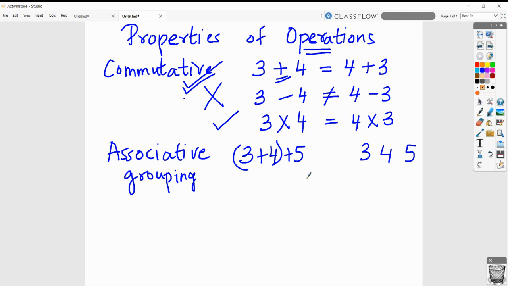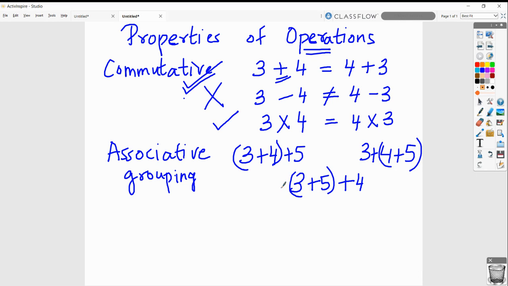Now, let me take one more grouping. Let me first group 4 and 5, and the answer of that, let me add it to 3. Or let me take one more kind of grouping. Let me group 3 and 5 first, then with the answer of that, let me add the 4.